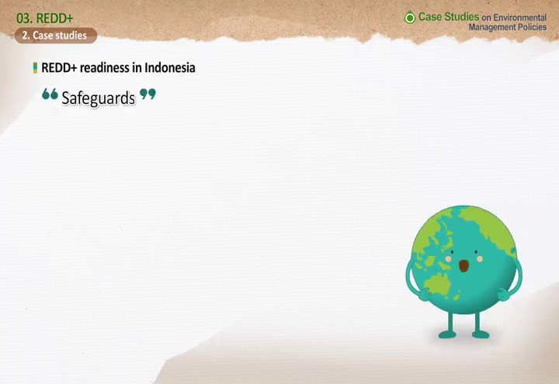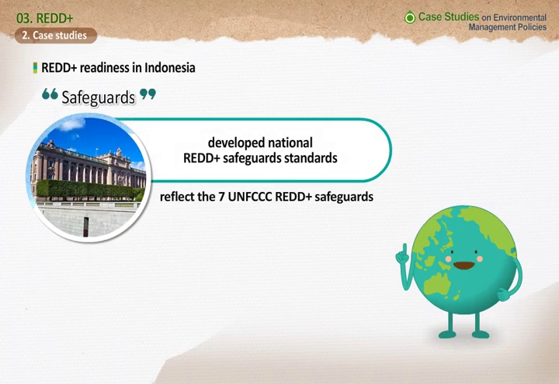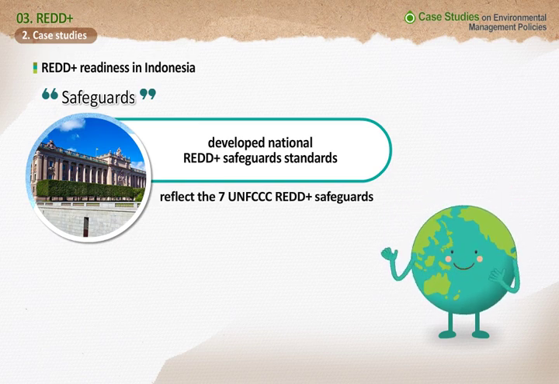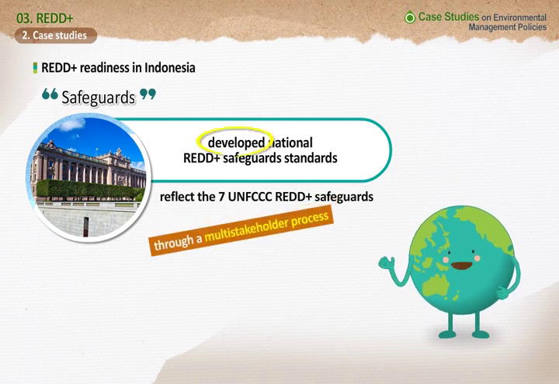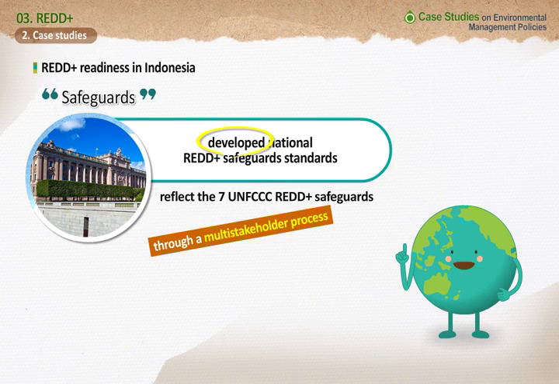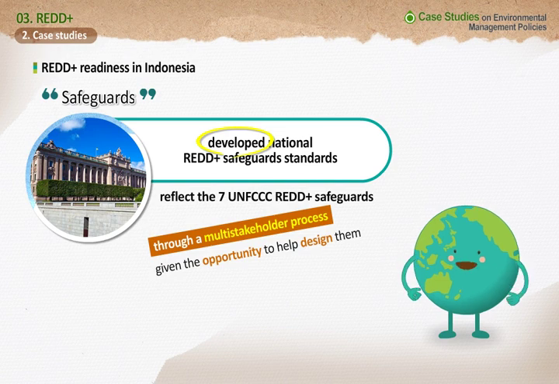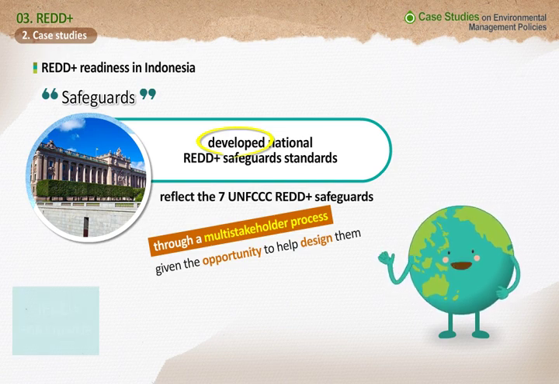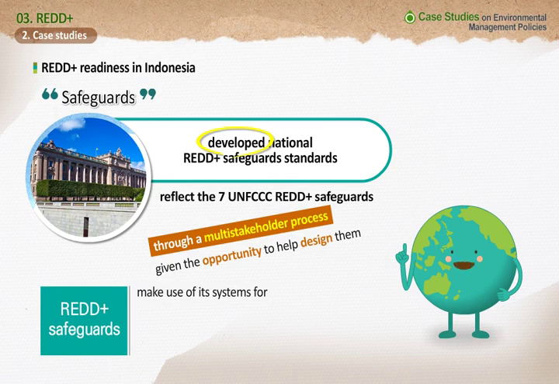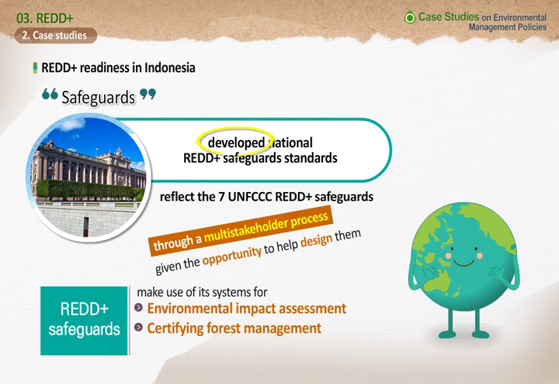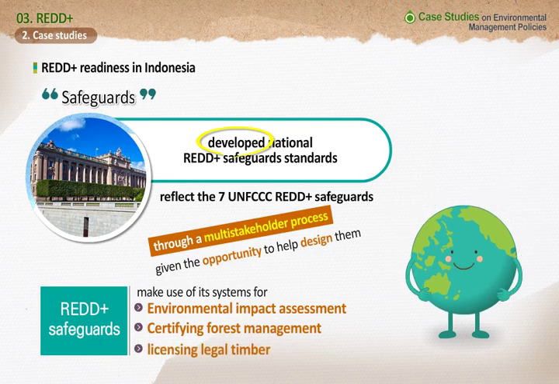The government has developed national REDD+ safeguard standards that reflect the 7 UNFCCC REDD+ safeguards. The safeguards were developed through a multi-stakeholder process. Thus, all forest stakeholders were given the opportunity to help design the REDD+ safeguards. Indonesia's REDD+ safeguards make use of its existing instruments related to safeguards, such as its systems for environmental impact assessment, for certifying forest management, and for licensing legal timber harvesting.